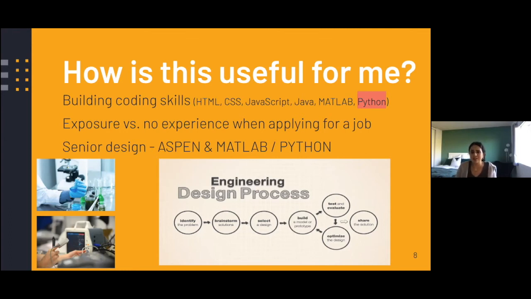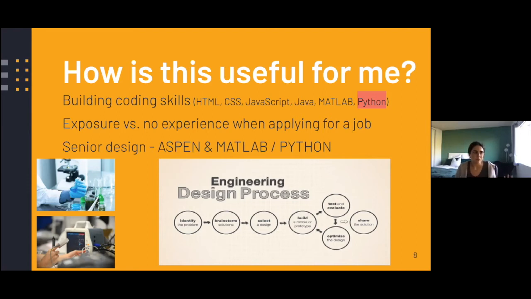I'm not sure if you've heard of Aspen before, but it's a simulation program. I can tell it to have a reactor, say these are my inputs, these are my outputs, what's happening in the reactor? I can give it initial calculations, and it gives me feedback: this is what's happening, this is your output, this is what needs to happen.